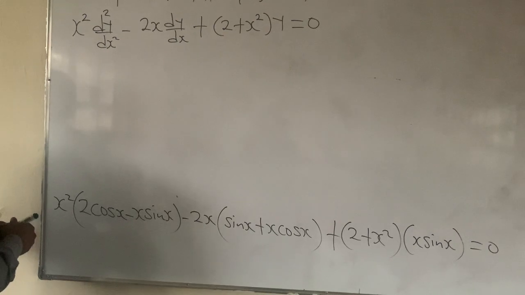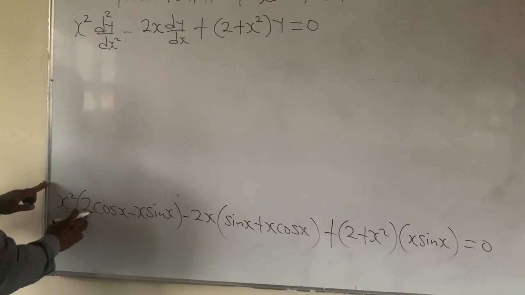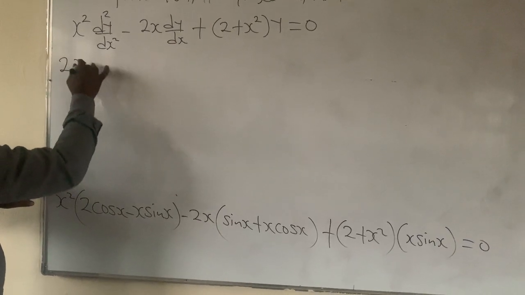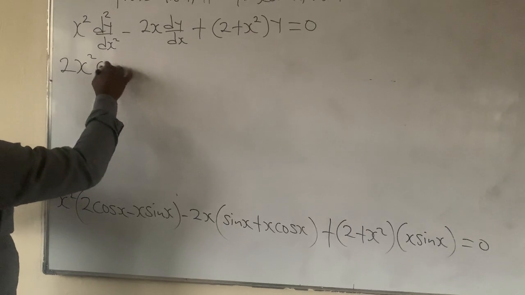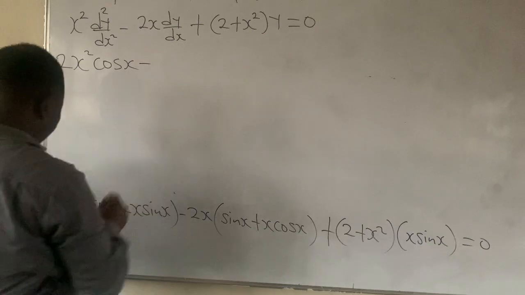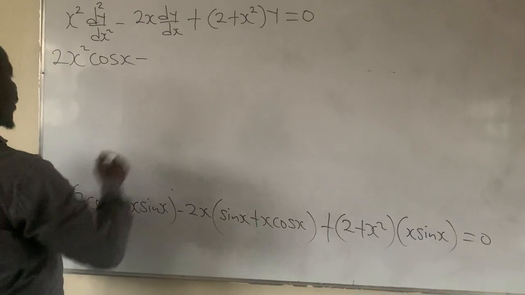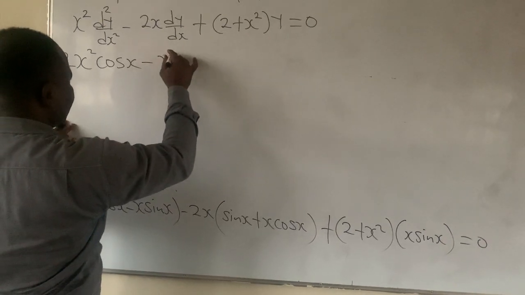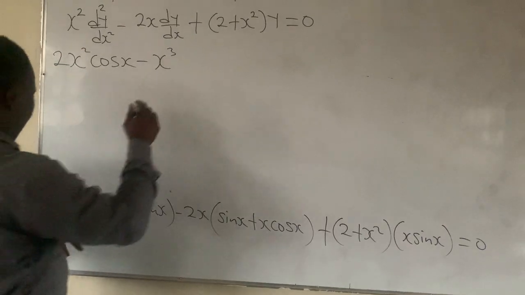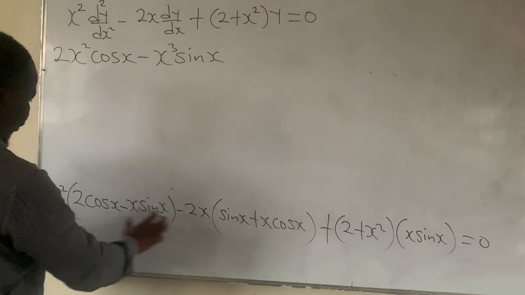We are going to have x squared times 2 cos x, which gives 2x squared cos x. Then minus x squared times x sine x will give us x raised to the power of 3 sine x, if you apply indices. We are done with this bracket.